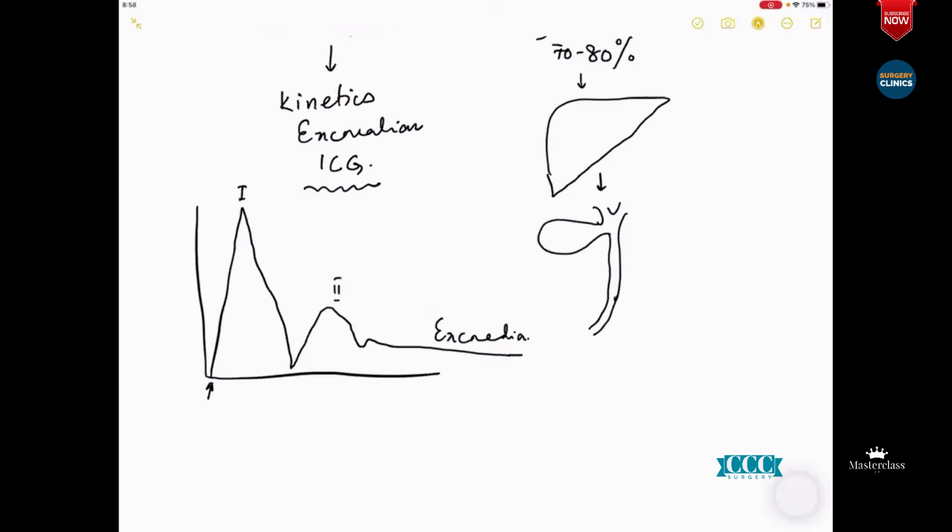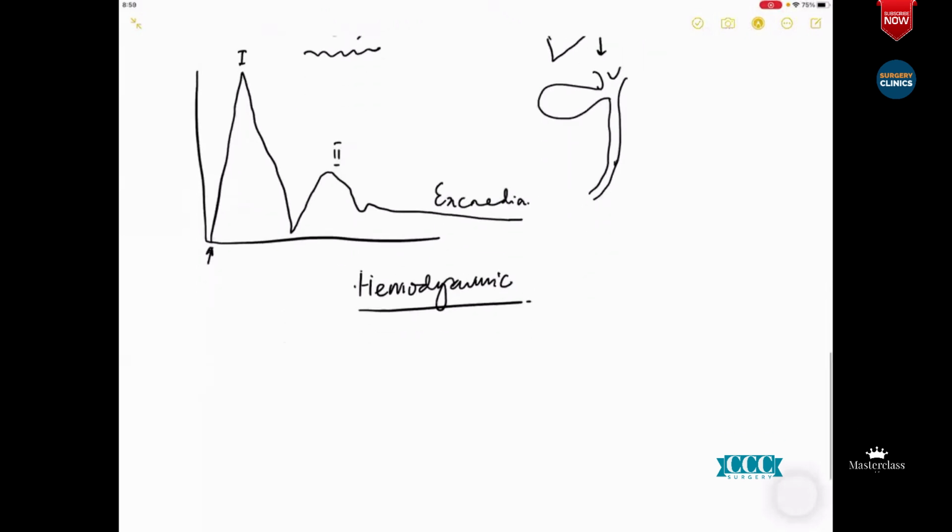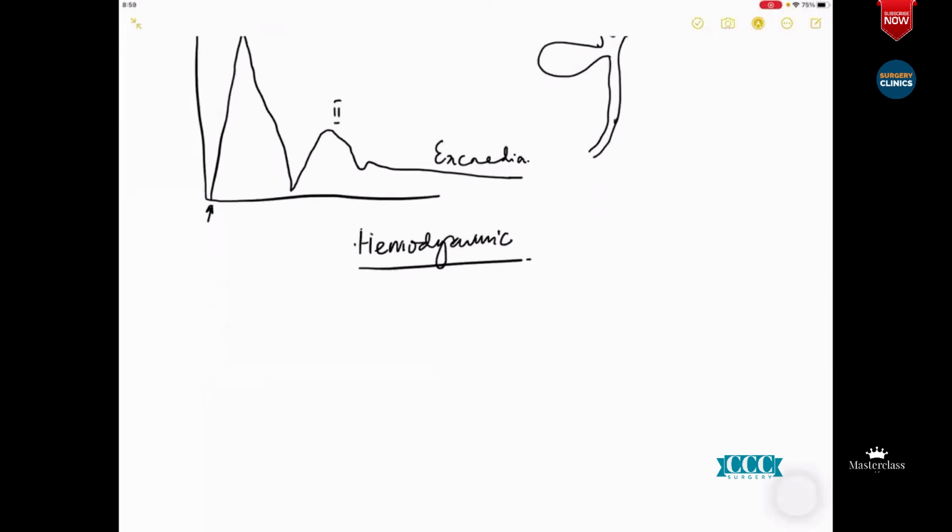Now, the main issue about this is in a hemodynamically stable patient. So I hope that all our patients are hemodynamically stable patients, a normal patient, not a hemodynamically unstable patient.